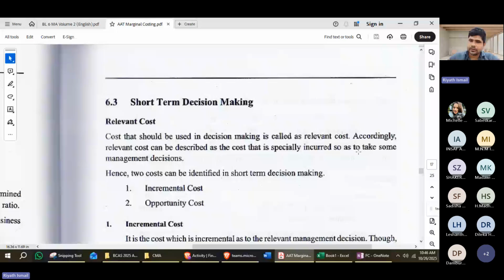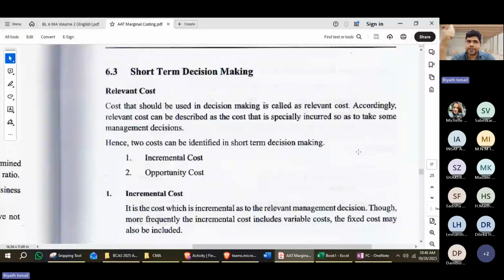Actually, we talk about the break-even point, the margin of safety, target profit, such kind of things. It's fundamental, right? So we need to understand the fundamentals.